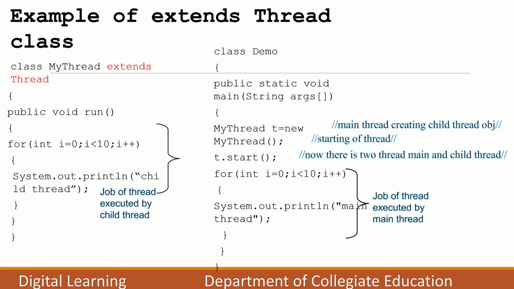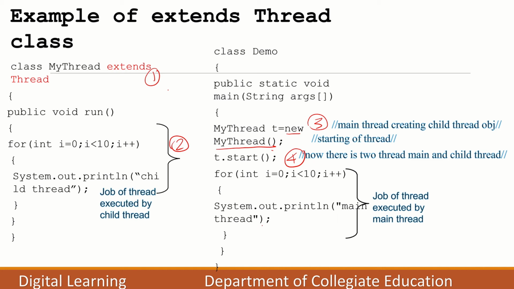Let us see this example. Class myThread extends Thread, public void run. I am going to print the numbers from 0 to 10, and this is a child thread. In the main method, we are going to create an object for myThread. So the myThread object is created. Step 1 is over, step 2 is over, this is step 3, and we go for step 4.